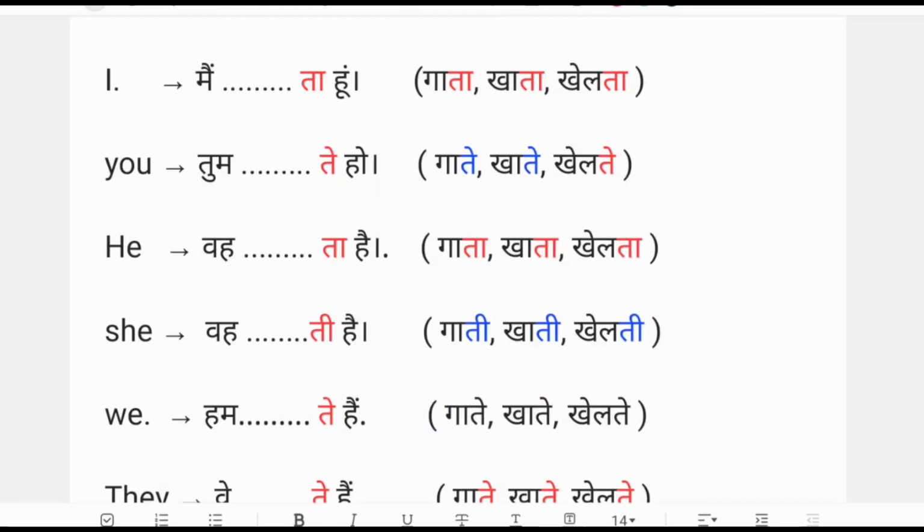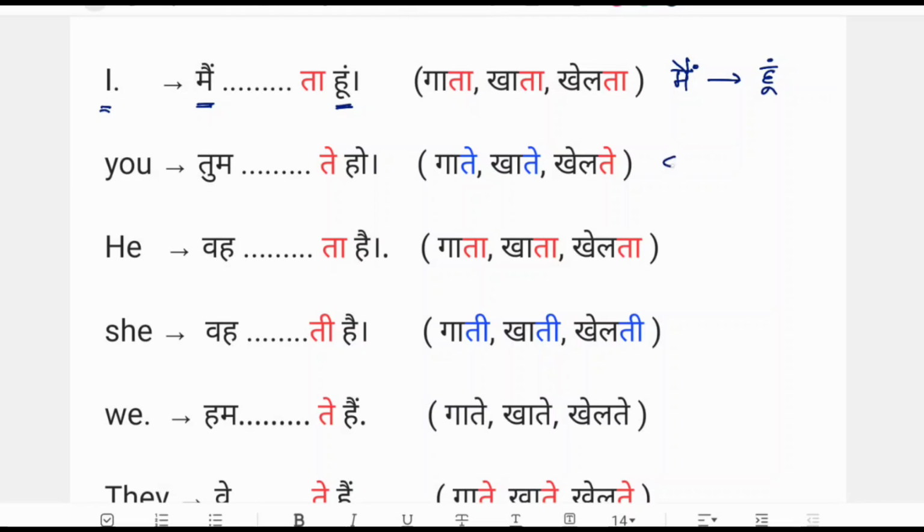Now see, as we know, for I we use the pronoun मैं in Hindi. मैं means I. And with मैं we use in present tense हूँ. Please note that for मैं, that is I, we use हूँ to show the present tense.